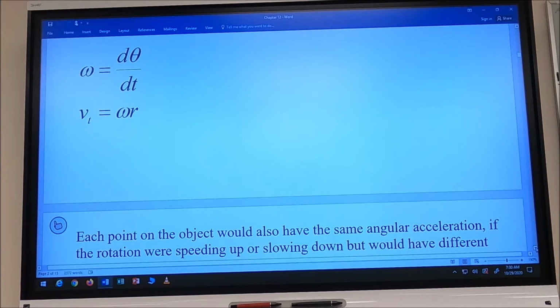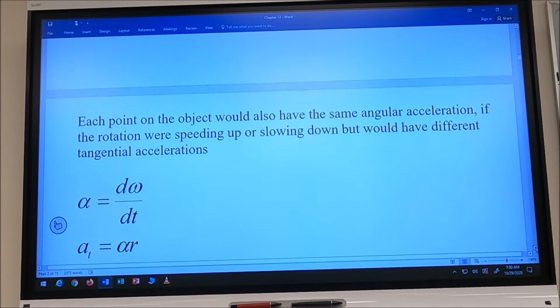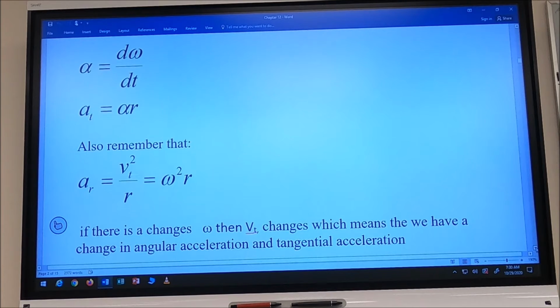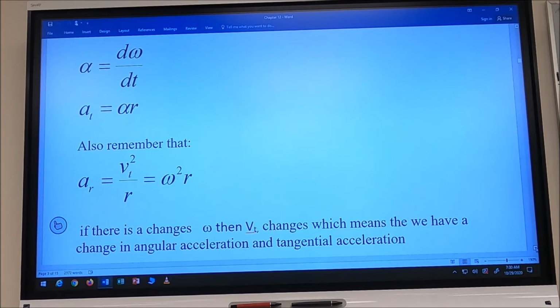So again, all points on a rotating object have the same angular velocity, but each point has a different tangential velocity. Remember that angular velocity is change in angular position with time, and the relationship between angular velocity and tangential velocity is tangential velocity equals omega times r, the radius. Okay, also remember that angular acceleration equals change in angular velocity with time, and the tangential acceleration equals alpha times r.